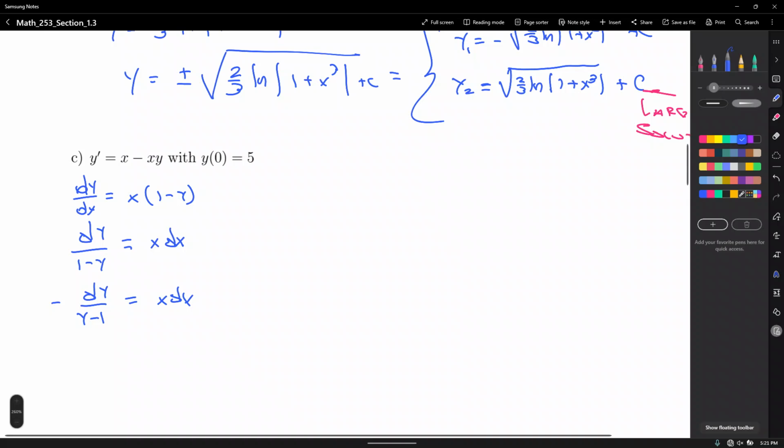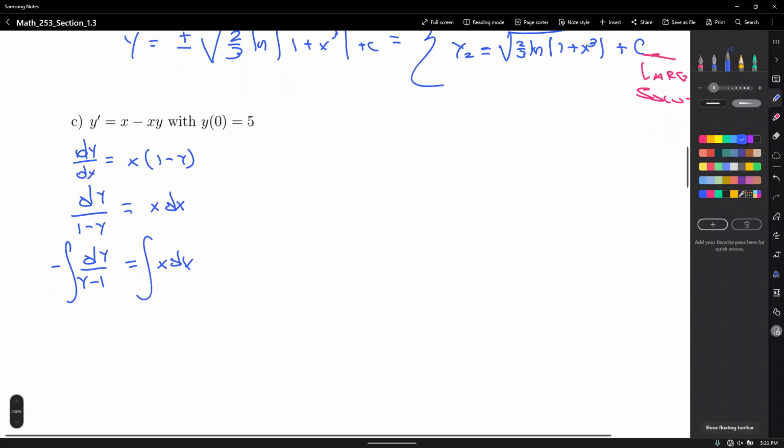This way we can integrate immediately. For something like what we have on the left-hand side, don't bother showing the u-du. I think it's obvious that it's going to be simply ln, because there's a 1 in the dy, all right? So that'll be negative ln of absolute value of y minus 1 equals x squared over 2 plus c, all right?